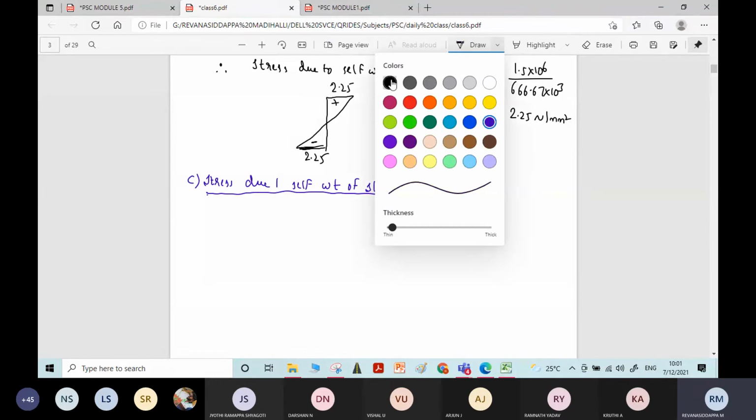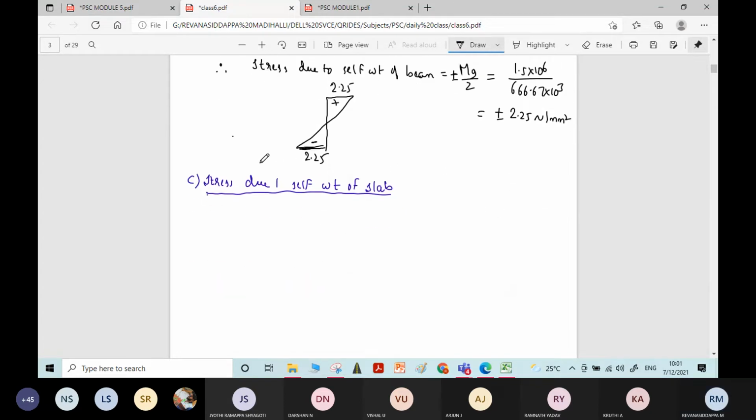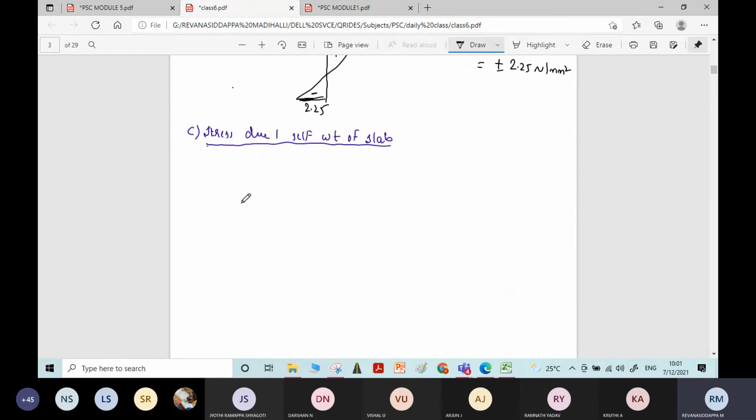Now you find the self-weight of the slab first. It is similar to the previous step. Who will find the self-weight of the slab?